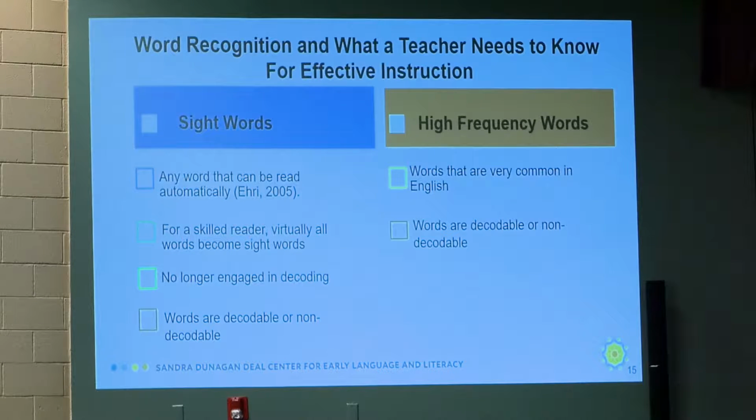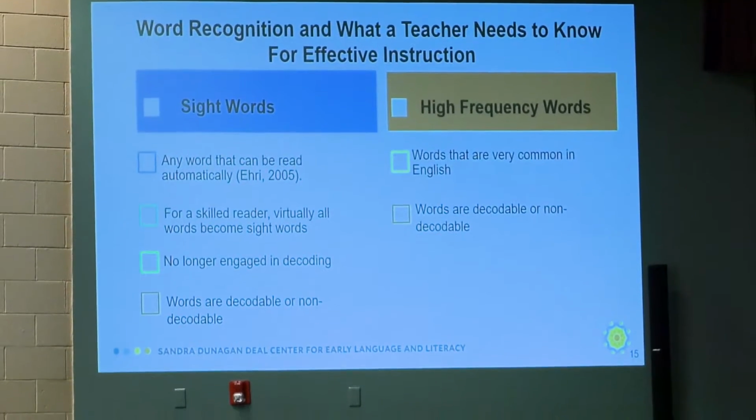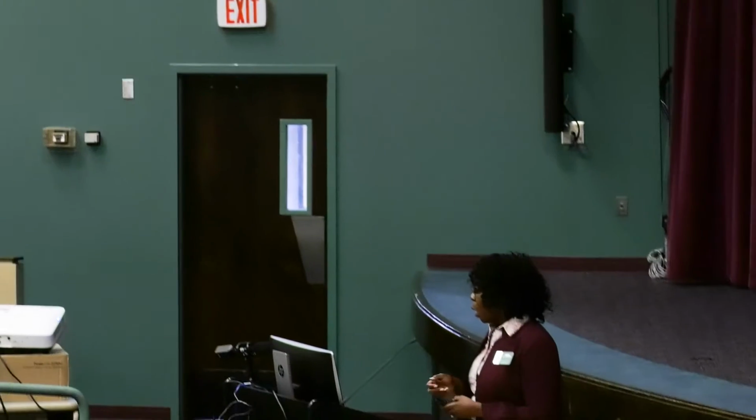For a skilled reader, virtually all words are sight words, right? Every word that you can read automatically becomes a sight word. You no longer have to decipher the sounds, connect the sounds and blend the sounds to decode the word and figure out how to read it. That skill is not required because it's automatic now.